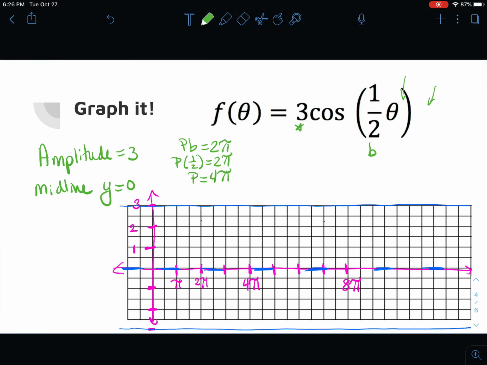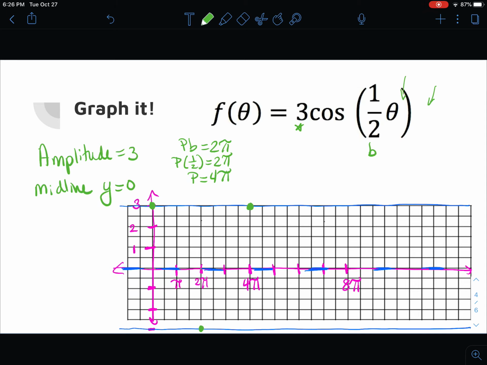Let's go with green. For cosine, there's no reflection or anything. So when we start a cycle, we start at the highest point and we end at the highest point. Notice I'm going from 0 to 4 pi because that's one full cycle. In the middle, at 2 pi, I go to my lowest point.